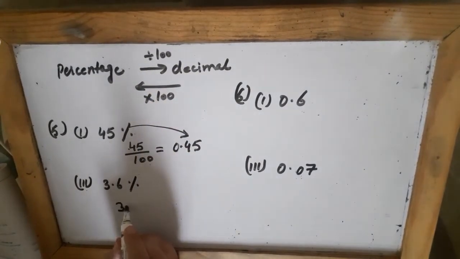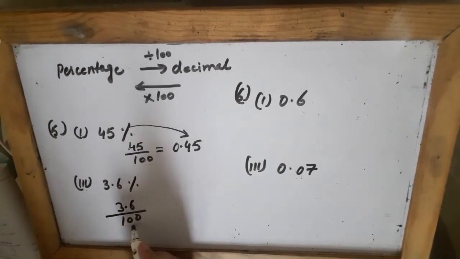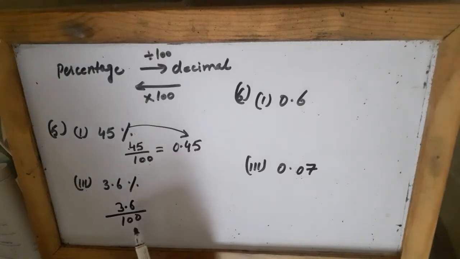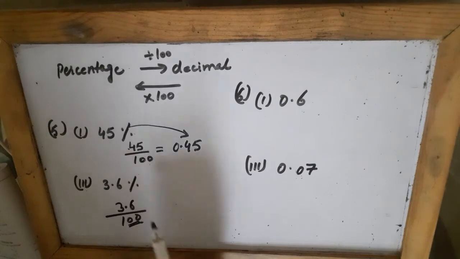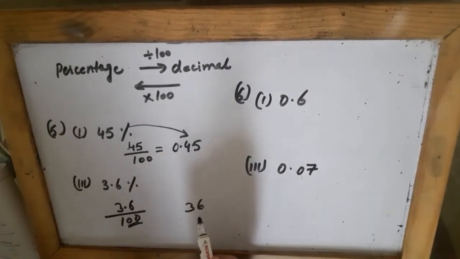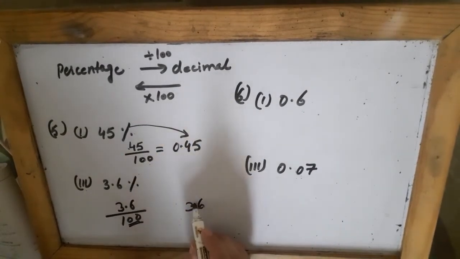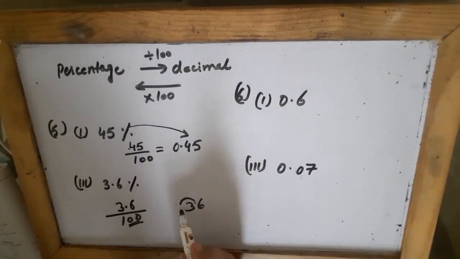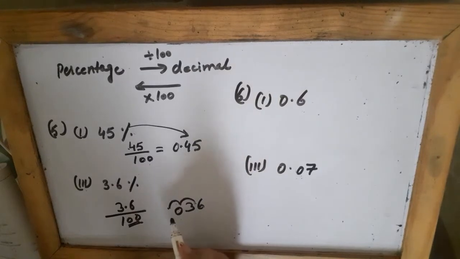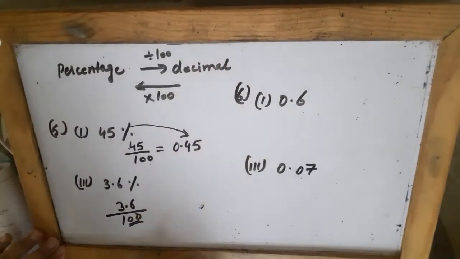Now 3.6%, percent means out of 100, the percentage sign gets converted into denominator 100. Now you have two zeros. What will happen to the decimal point? It will shift 2 places backward, or to the left. It was here in this question. 2 places means after 3 to the left and then one more place, so it means I have to add one 0 over here, and the point will come here.